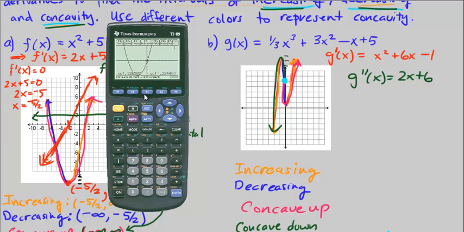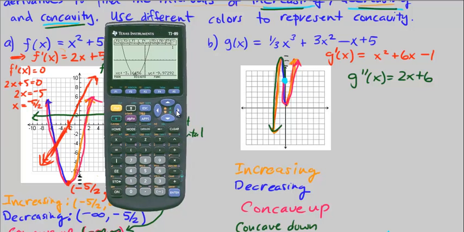If I trace it, it's going to help me figure out where I'm hitting some key points. At x is 0, I know that y is going to be negative 1, and my vertex is close to negative 3.5-ish. Actually, it's closer to negative 3.